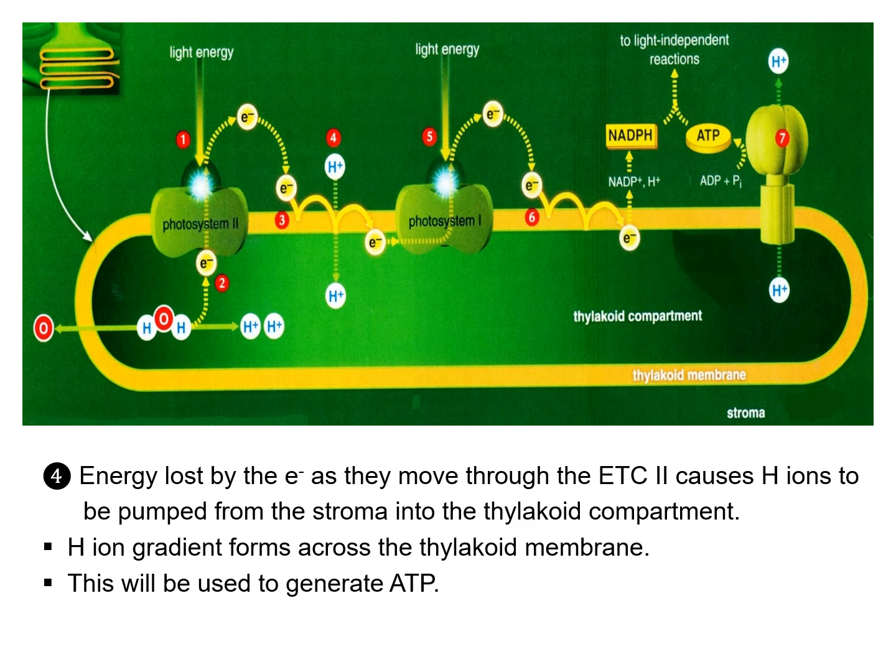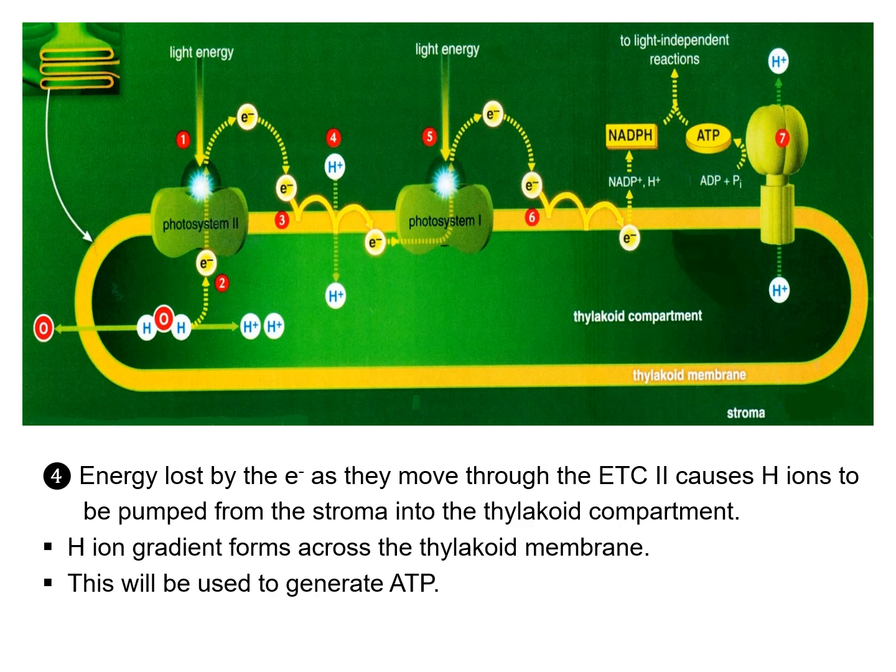I repeat again, energy is lost by the electron as it moves through electron transport chain 2, which causes hydrogen ions to be pumped from the stroma into the thylakoid compartment.